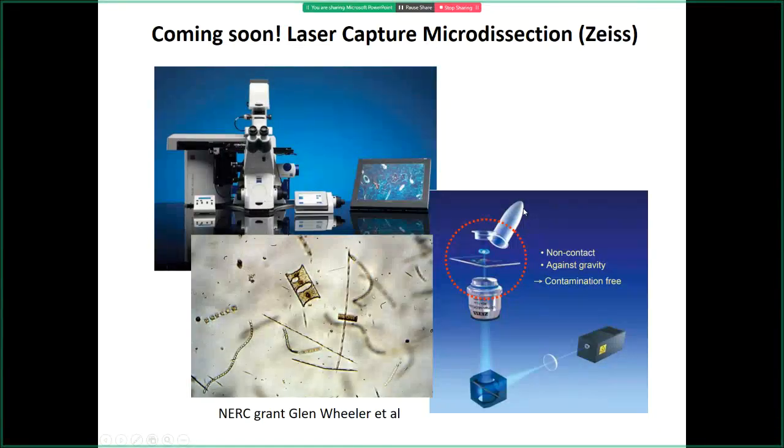So we can do genetic analysis of single cells within natural populations or within cultures using this new approach. So it's not delivered yet. We'll hear a lot more about this, I hope, in the very near future.